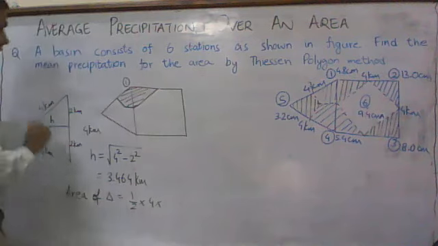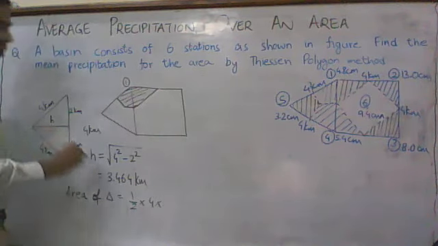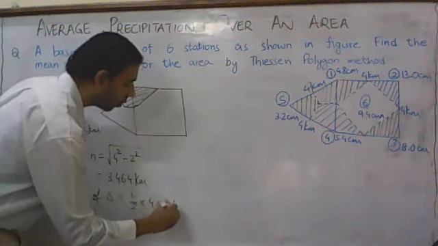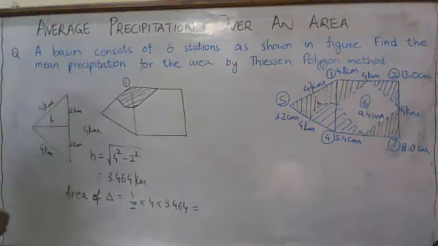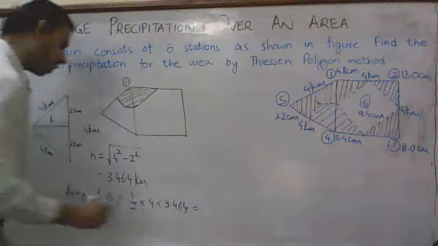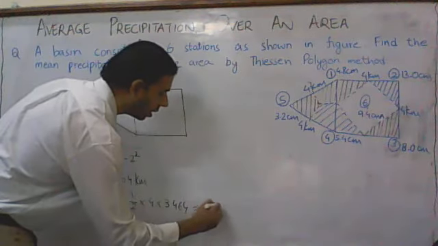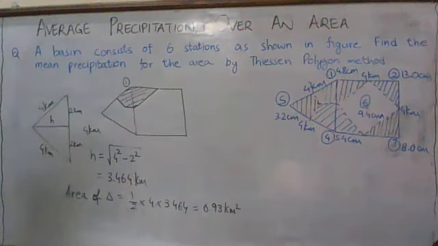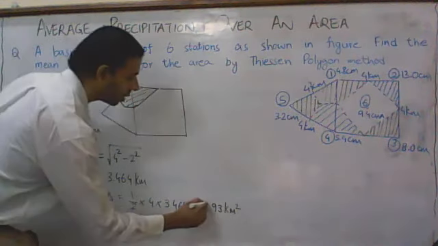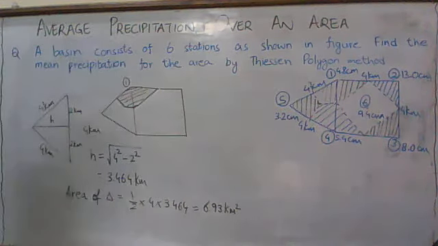And height is h, that is 3.464. So how much is the area? Area comes out to 6.93 square kilometer approximately.